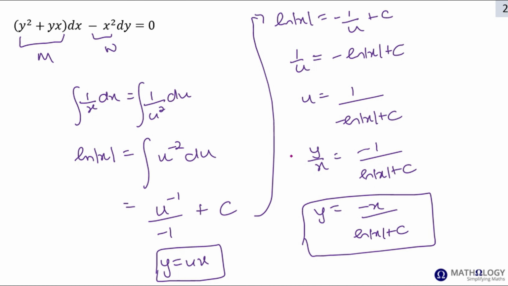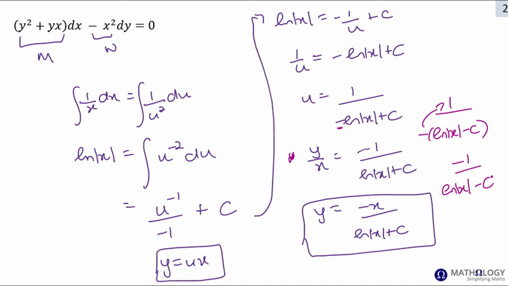Looking at this expression over here, just to clarify what I did, we took a minus sign out from the denominator, so we would have had 1 over minus ln x minus c, and then that minus is written in the numerator, so minus 1 over ln x minus c.